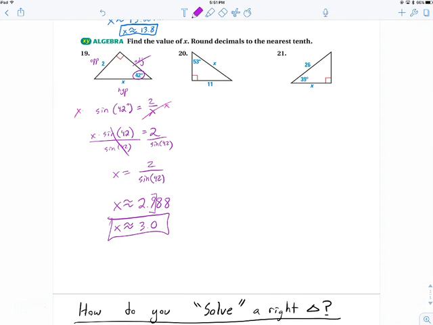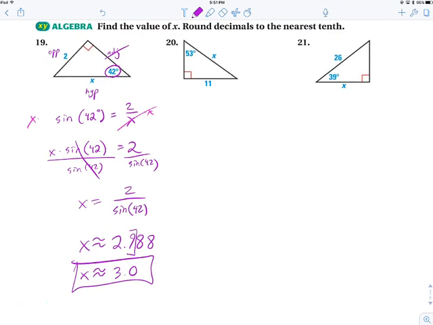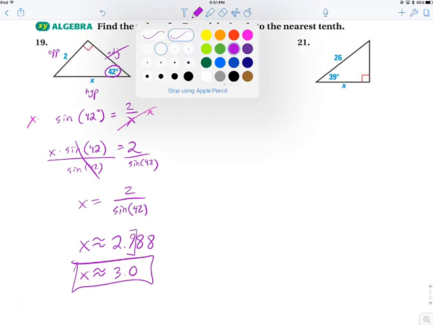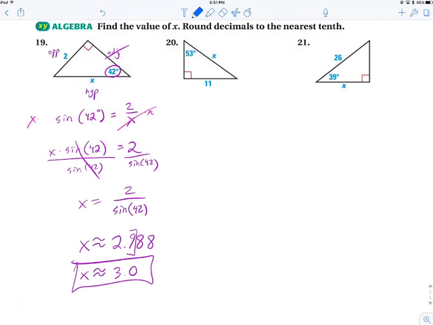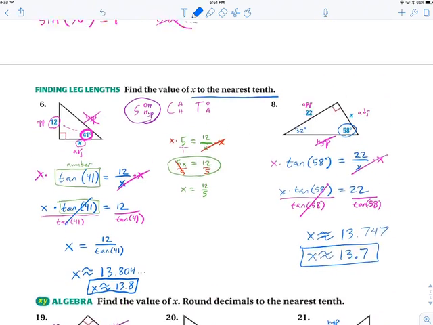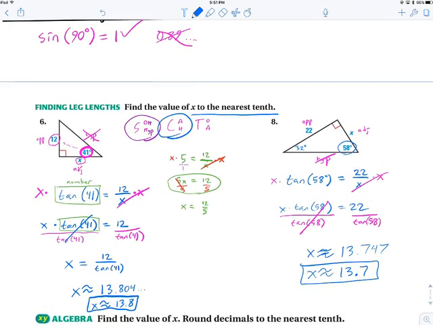Okay, so let's skip over to number 21 here. I'm doing that because we'll use a different function. Let's go blue here. In respect to my angle, I have the adjacent and the hypotenuse, and I have nothing to do with the opposite side. So my A and H, that's my CAH.